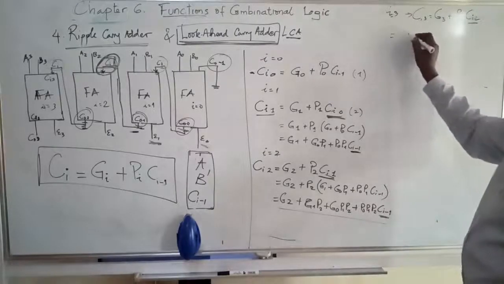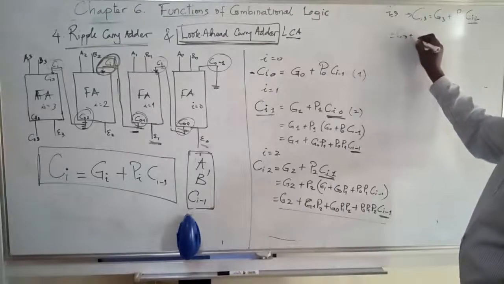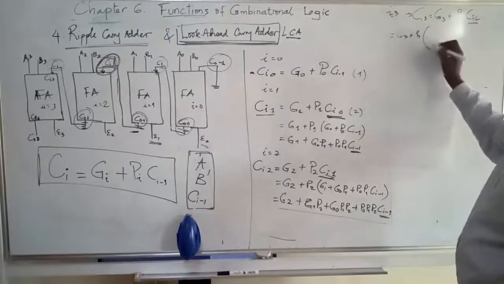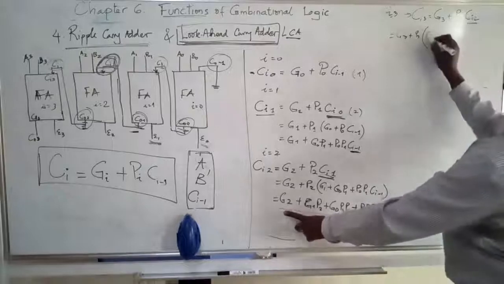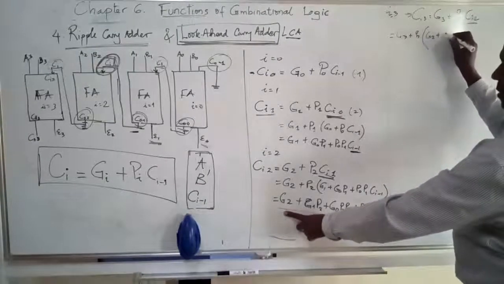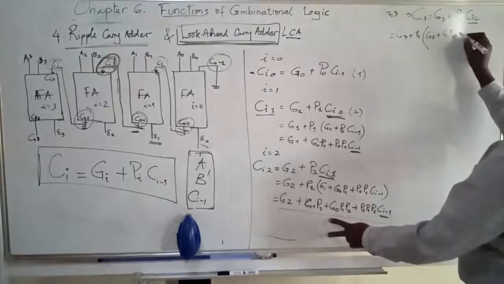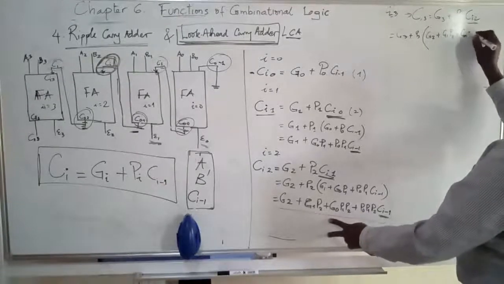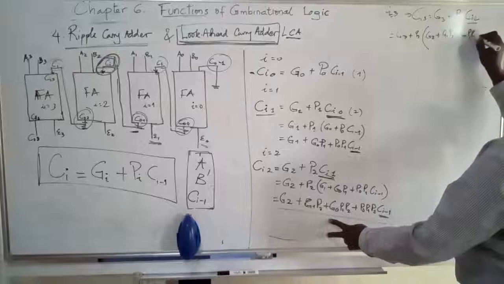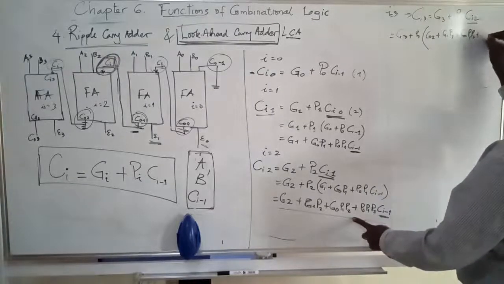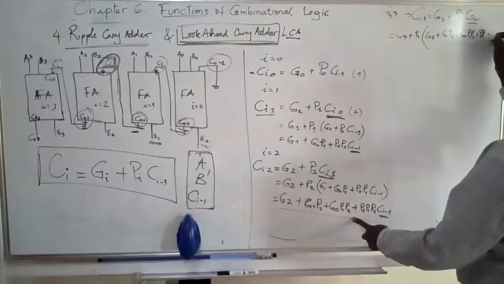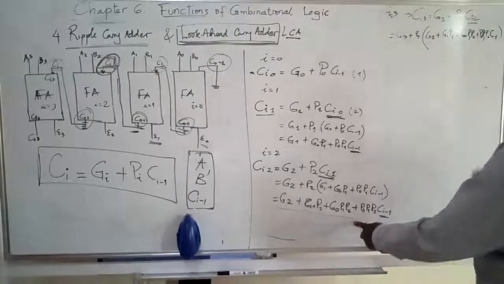We will have G3 plus P3 G2 plus G1 P2 plus G0 P1 P2 plus P0 P1 P2 C in minus 1.